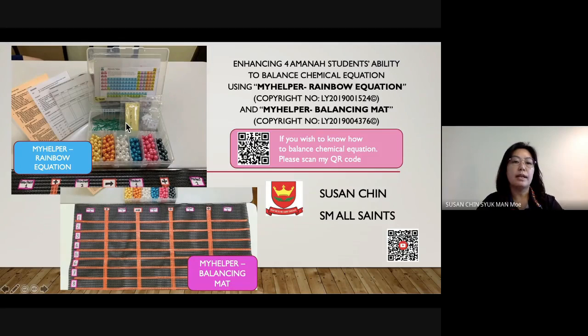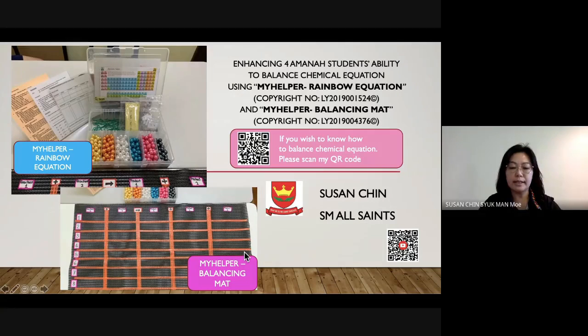On the top left, what you can see here is a set of Myhelper-Rainbow equation. It consists of different color bits, a periodic table, a manual, and also some guidelines. And there is also a flashcard consisting of different levels of questions and the answers.